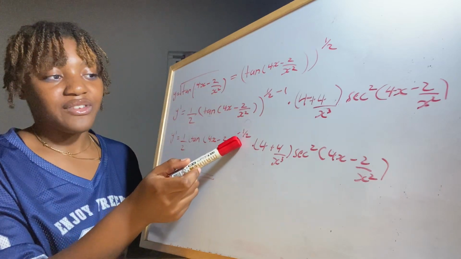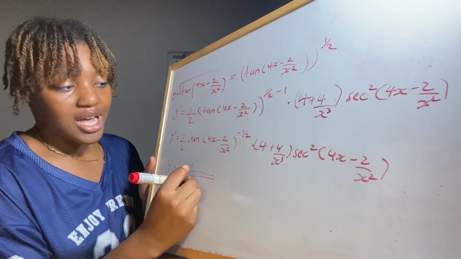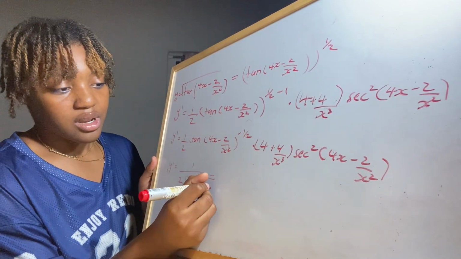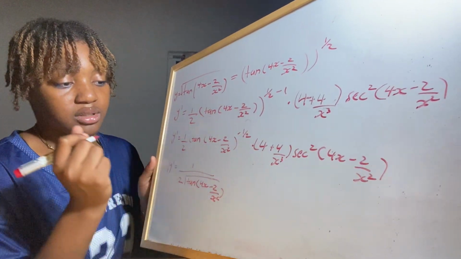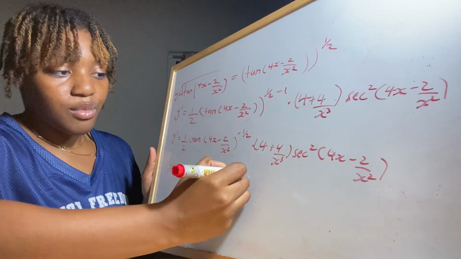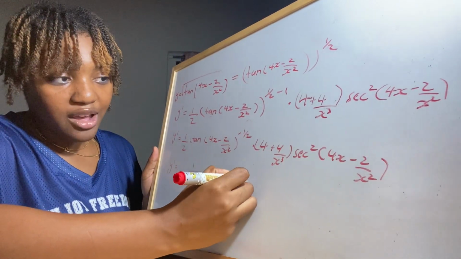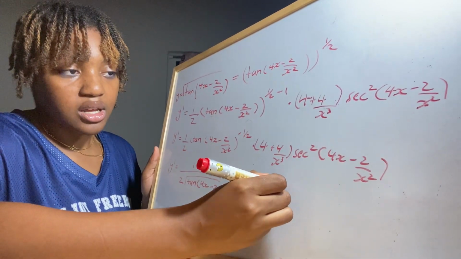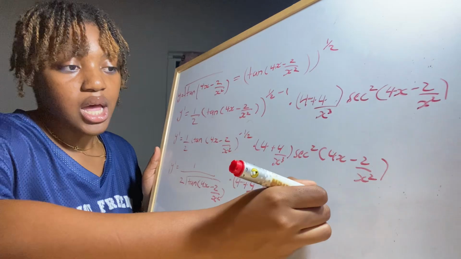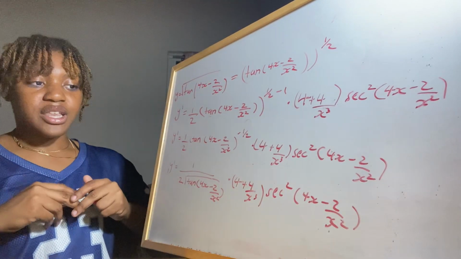If it's negative a half, it means it would be in the denominator. So we have the square root of tan(4x - 2/x^2), and then multiplied by (4 + 4/x^3) sec^2(4x - 2/x^2). And that would be our answer.